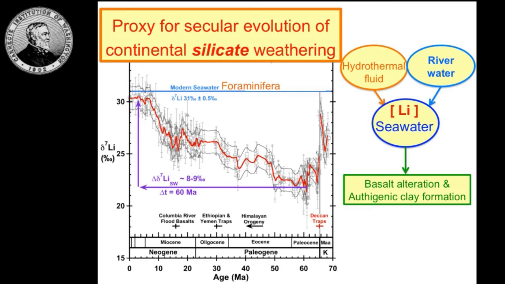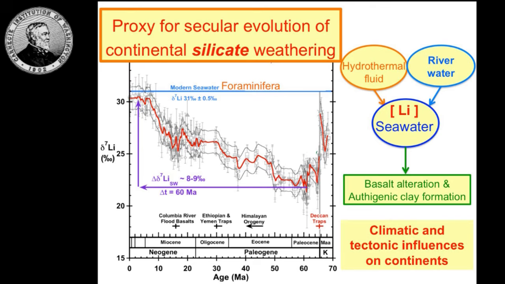So the most variable part of this is actually river water. As I showed you before, river water shows a large range of lithium isotopic composition. So it's more likely the seawater reflects the continental weathering, the riverine part, right? So that actually helps us connect the climate and the tectonic influence, because both of them are important in changing the continental weathering patterns.